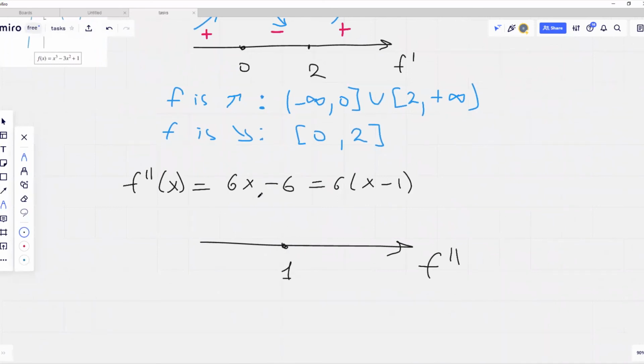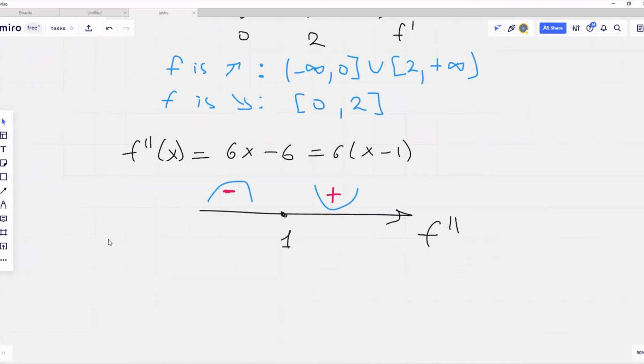Substituting plus infinity here, we find that the second derivative of our function is positive on the interval from 1 to plus infinity and negative on the interval from minus infinity to 1, meaning that our function is concave up on the interval from 1 to plus infinity and concave down on the interval from minus infinity to 1.